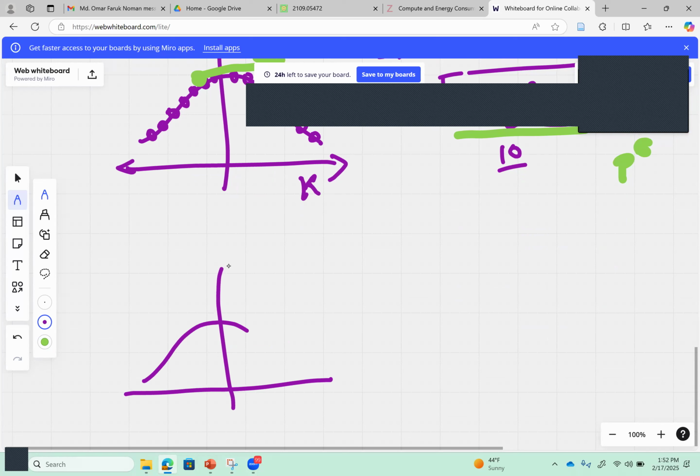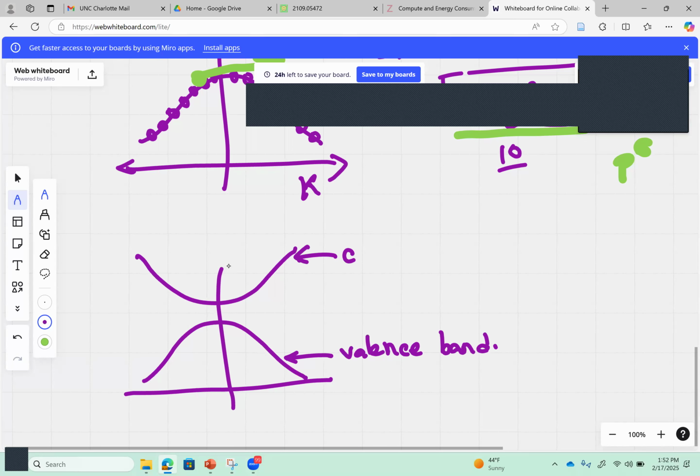let's say you start with an E-K diagram that looks like this. This is the valence band. And this is the conduction band. And you start with a situation where all the states are filled up by electrons. Now you apply some temperature.